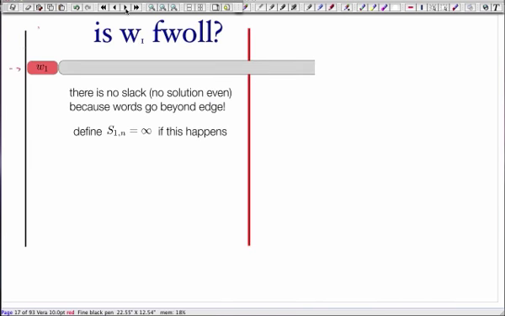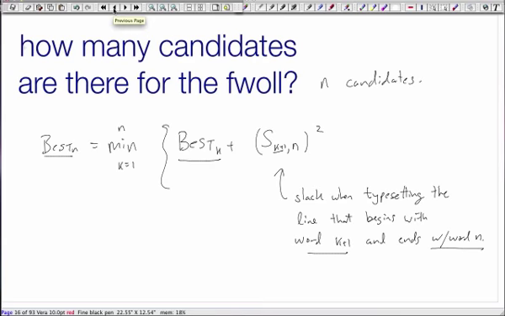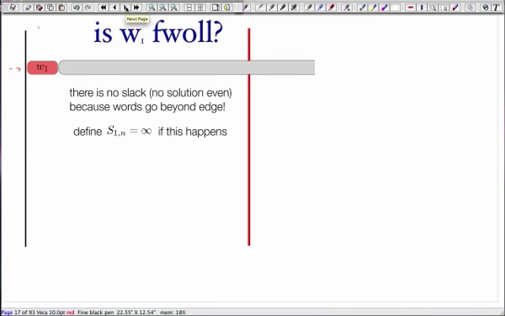Let me illustrate it this way. So let us ask the question, is W1 the first word of the last line? If W1 was the first word of the last line, that means that there's only one line, which means the entire paragraph has to be typeset on one line.